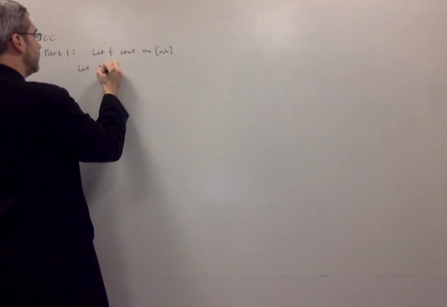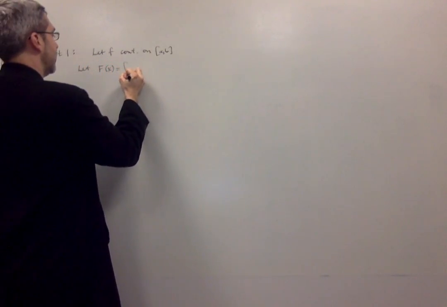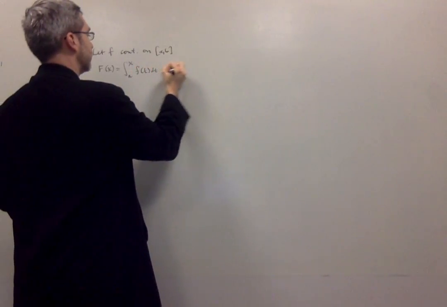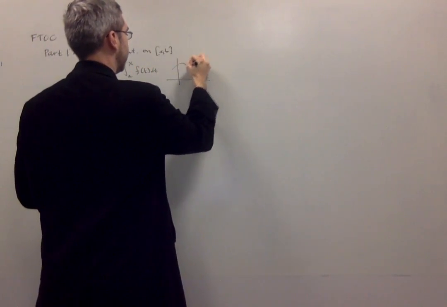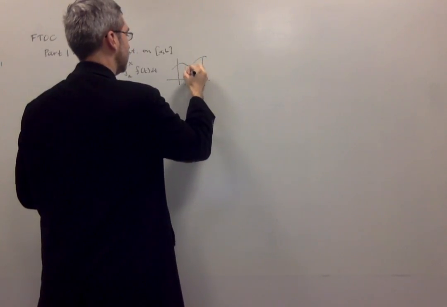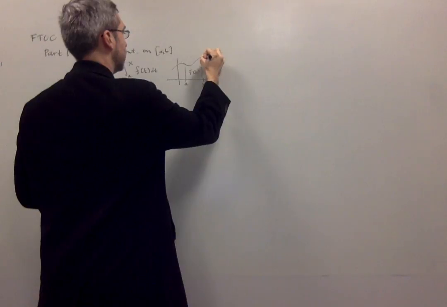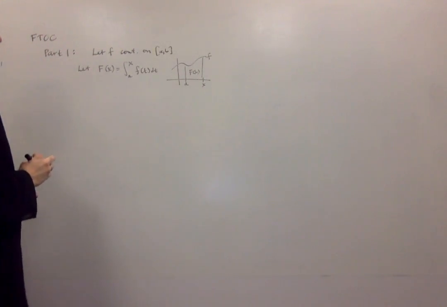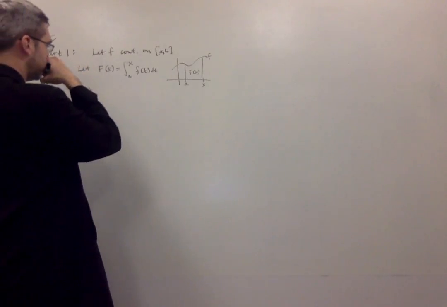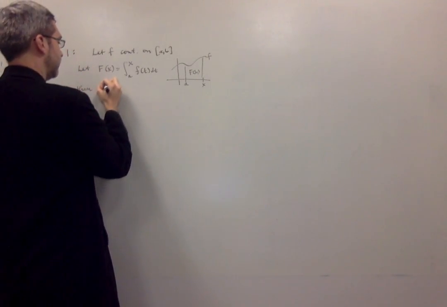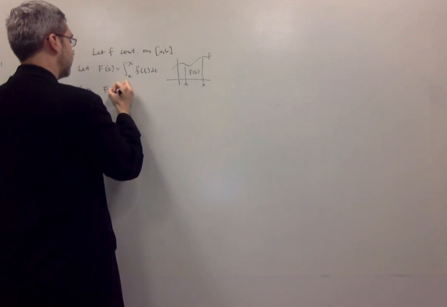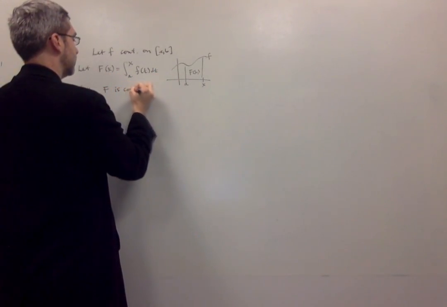If we define this new function, which is the area from a to x under the old function, so this is an area function from a to x, underneath the original function, then what this first part of the fundamental theorem of calculus says is that that function, capital F, is continuous.